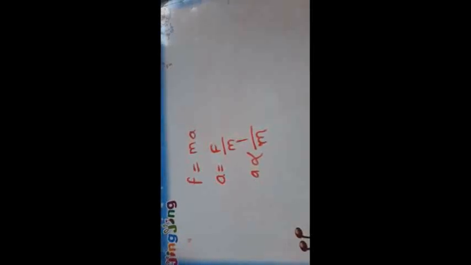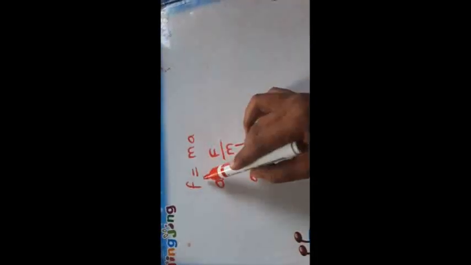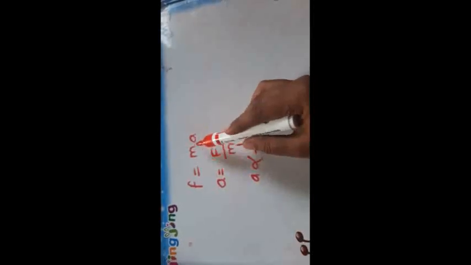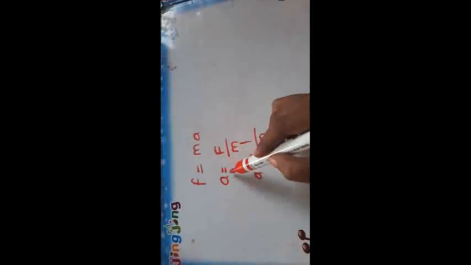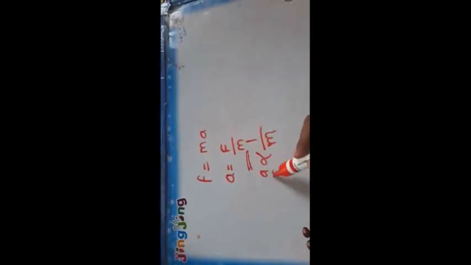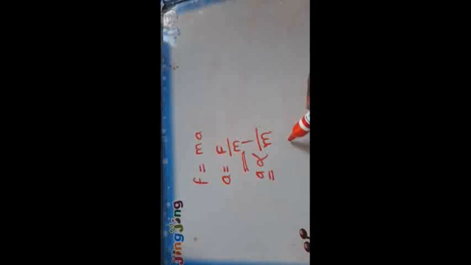So by seeing this video, I think you got the answer why all objects on the surface of earth are moving towards the earth and why earth is not moving towards that object. Because force is equal to mass into acceleration, so acceleration will be force divided by mass. From this equation we get that acceleration is inversely proportional to mass.